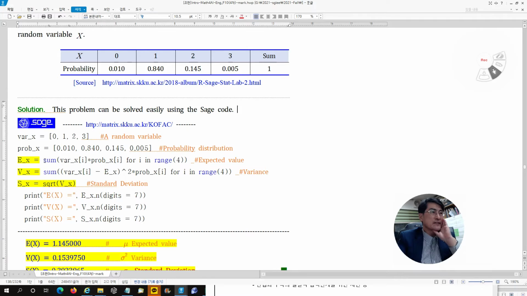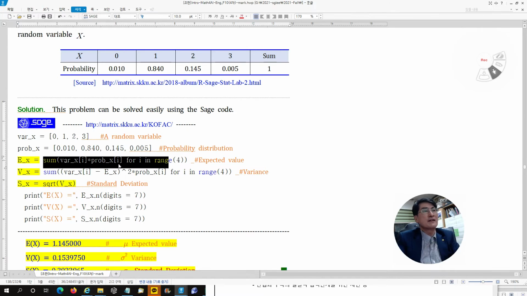The expectation is the sum of xi times the probability of xi, and variance is the sum of xi minus E of x, squared, times the probability of xi. And standard deviation is the square root of variance.